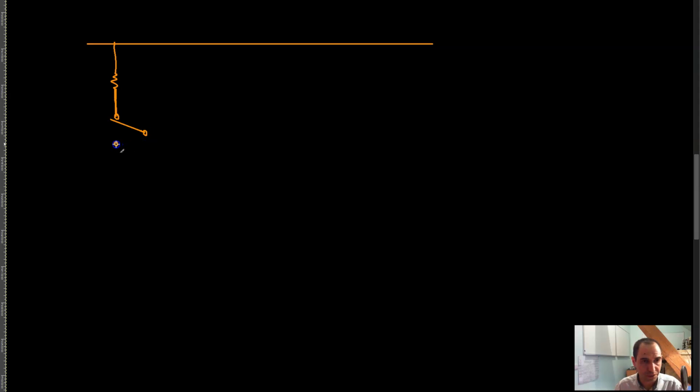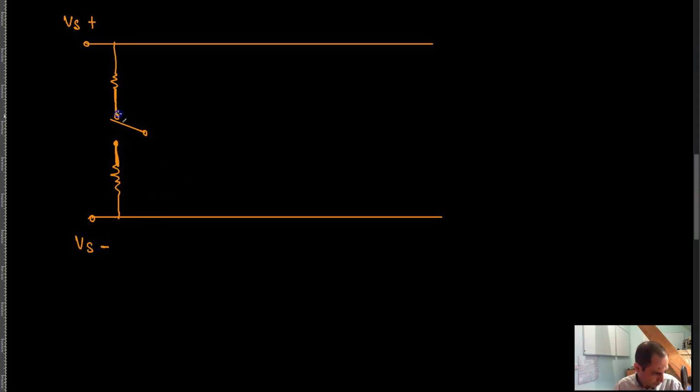Now this terminal of the switch goes into a resistor, and then it goes into the negative rail. So this is VS positive, and this is VS negative. You can call this R1, and this R2, and then this goes to the base of an NPN transistor.